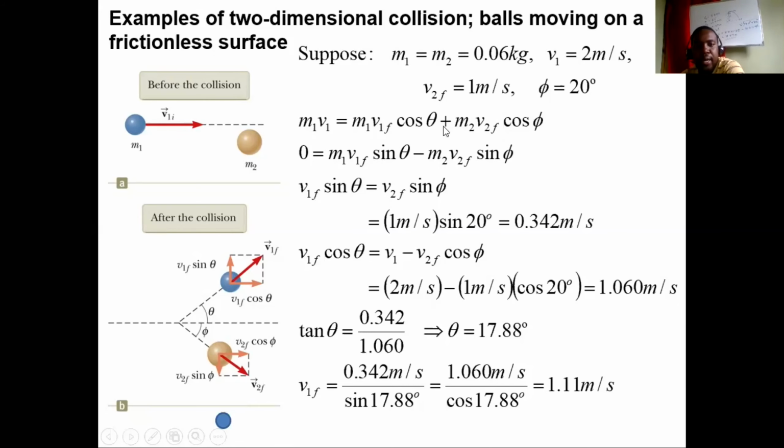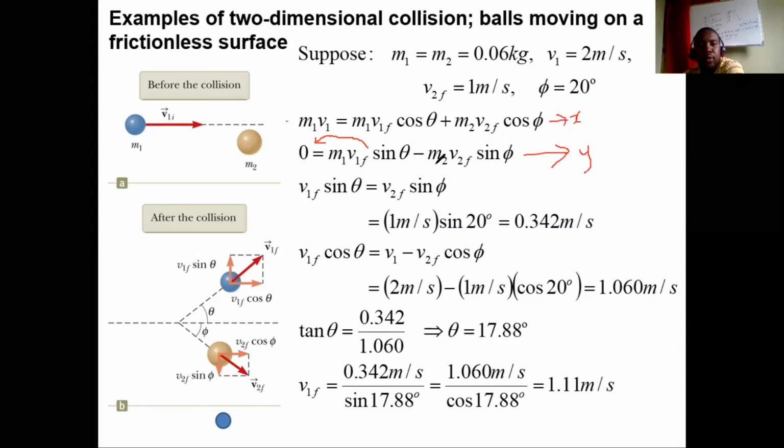So remember we had both equations. This is the first equation, your x plane equation. This here gives us our y plane equation. So for our y plane equation, we get m1 v1f sine theta equals m2 v2f sine of your angle.